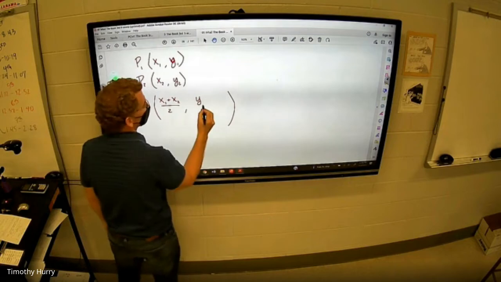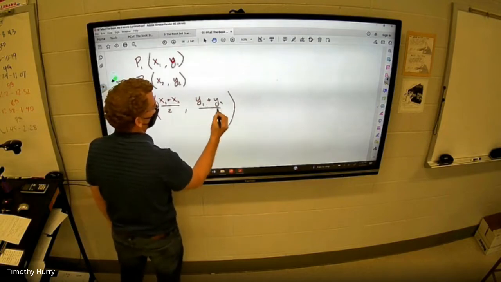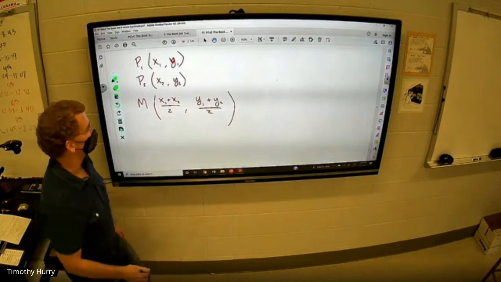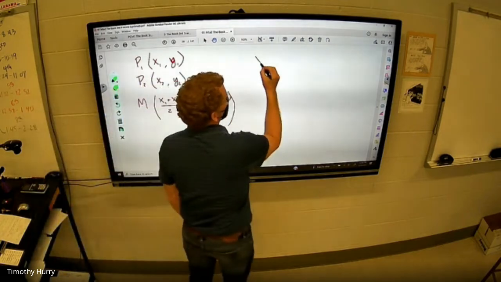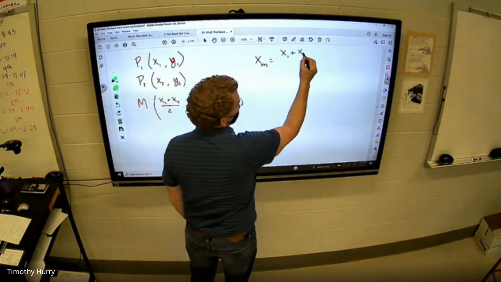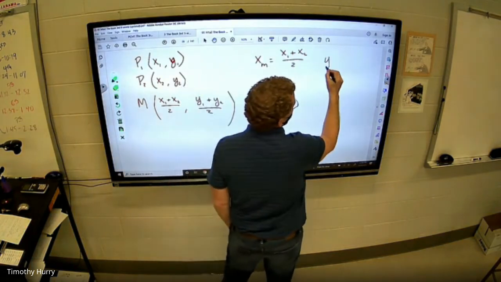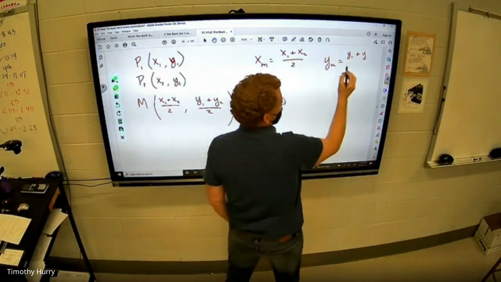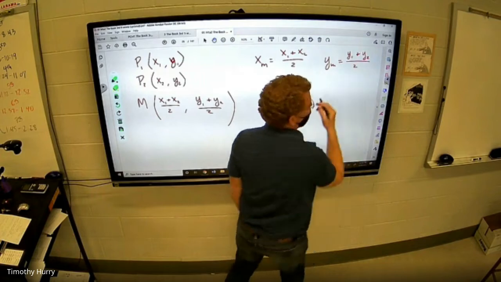A better way of saying that: the x coordinate of the midpoint is the average of the x's, and the y coordinate of the midpoint is the average of the y's.